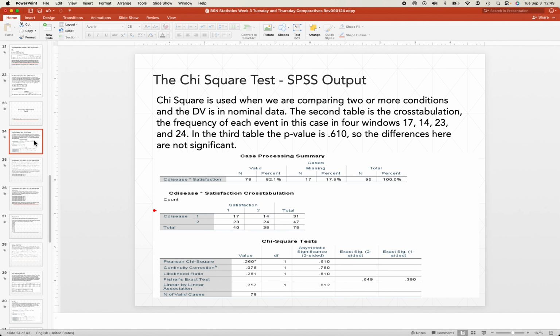Then we had several different types of chi-squared. We get a value, degrees of freedom, and in another class I talked about how we use those two to determine our p-value. And so we got these p-values for different types of chi-squares that we can run, but almost all the time, maybe 99% of the time, we use Pearson's chi-square.